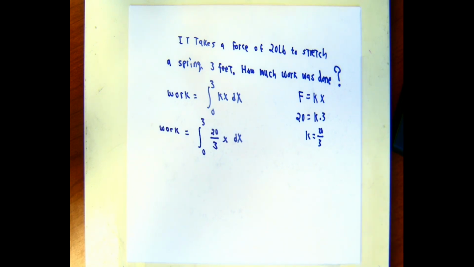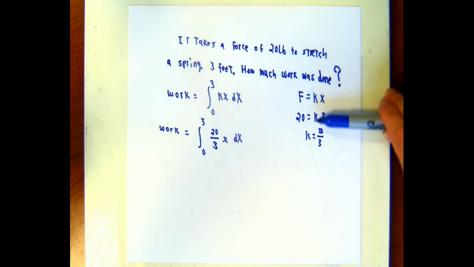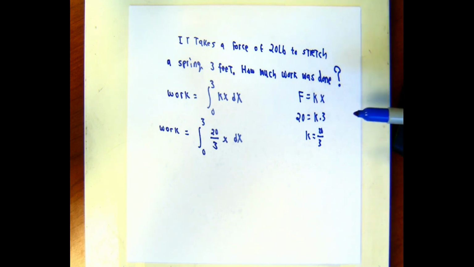Hooke's law says the relationship between the force needed and the amount that you're stretching the spring from its natural length is force is constant times x. When F, the force, is 20 pounds, that corresponds to the x being 3. That tells you that 20 is k times 3, which immediately tells you that the k is 20/3.